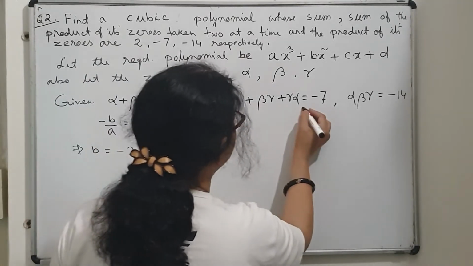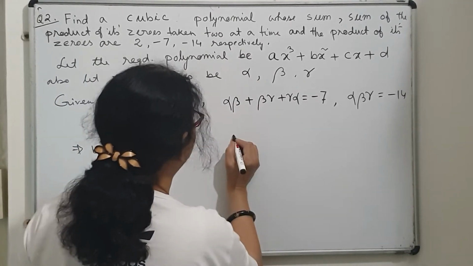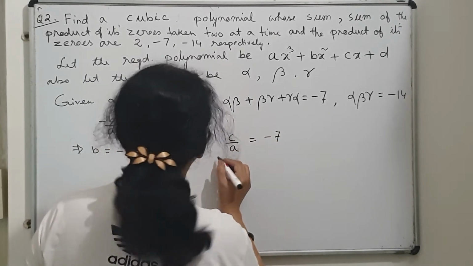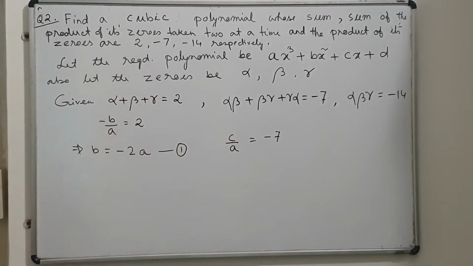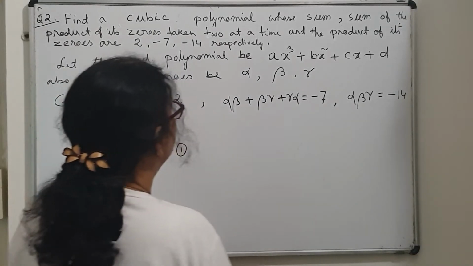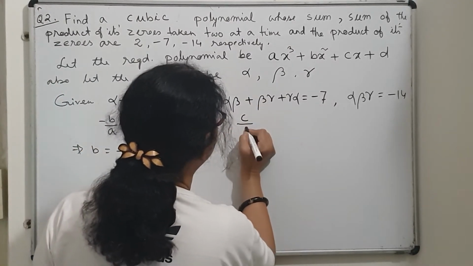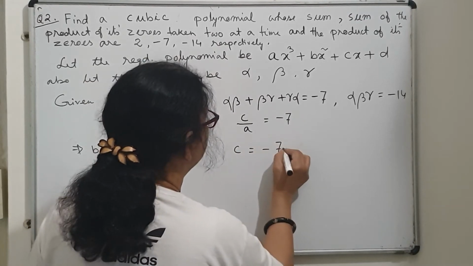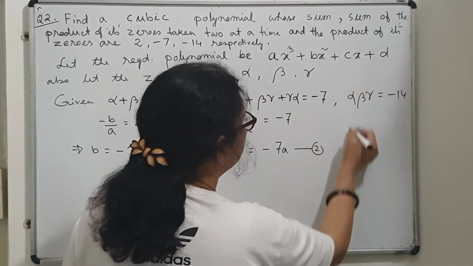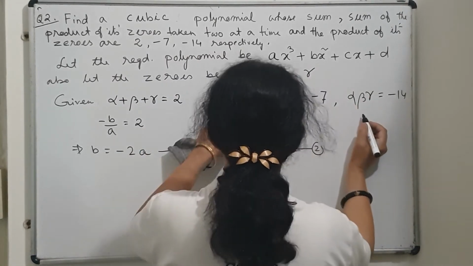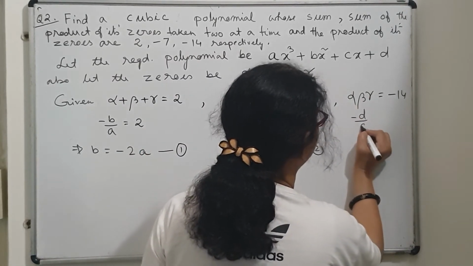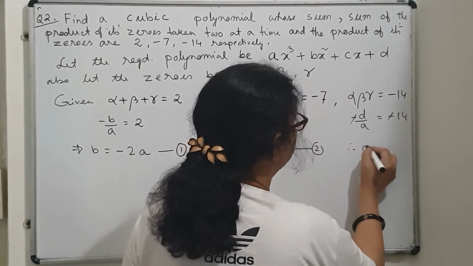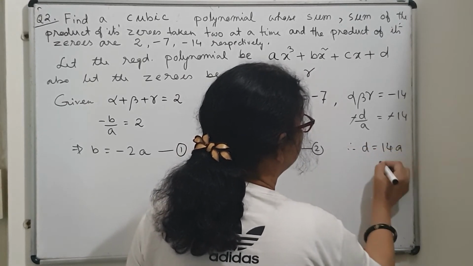Then second relation is C by A is -7, cross multiplying, C is equal to -7A, the second equation. And lastly, the product of the zeros, the third relation, minus D by A is -14. Minus minus cancel, so therefore D is equal to 14A. That is the third equation.